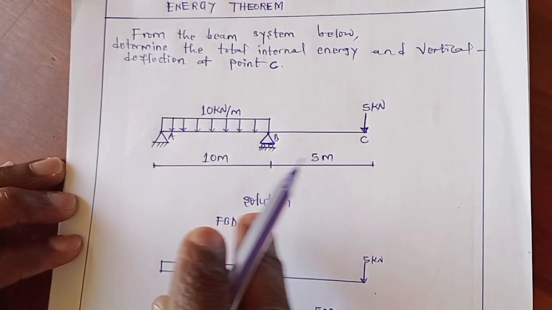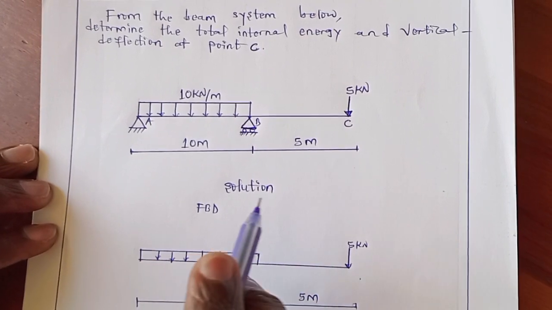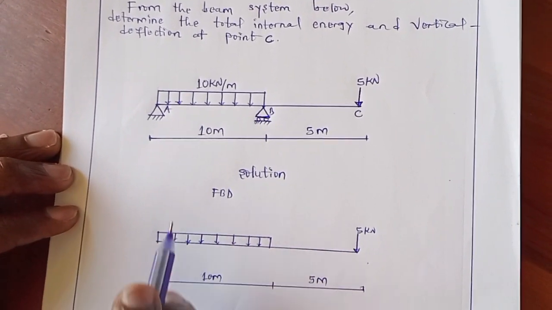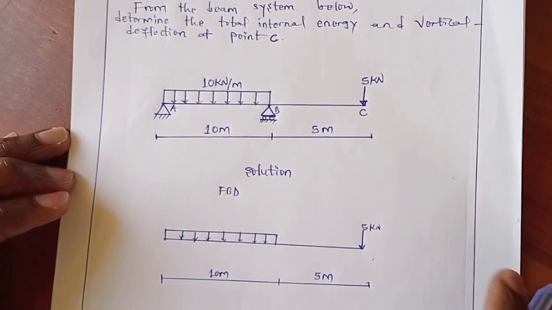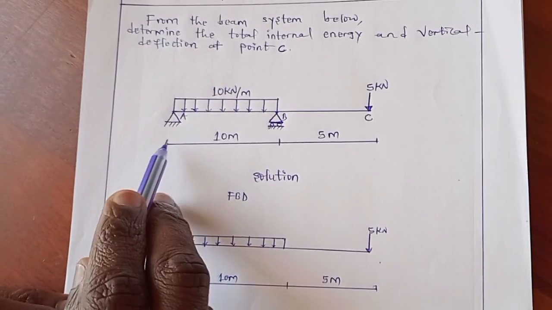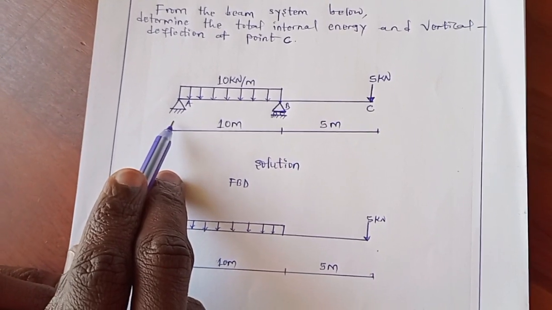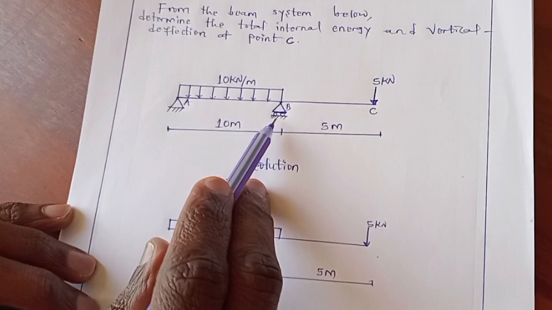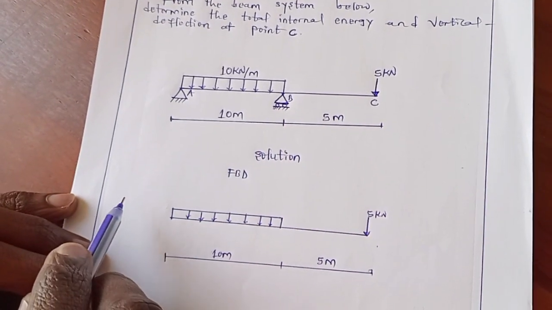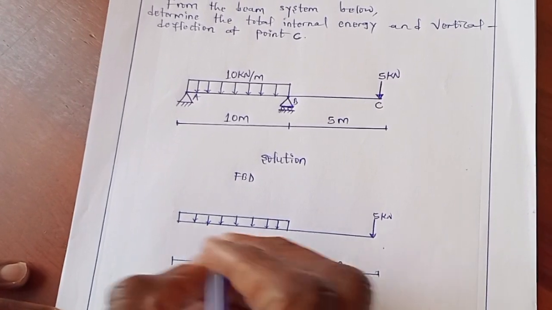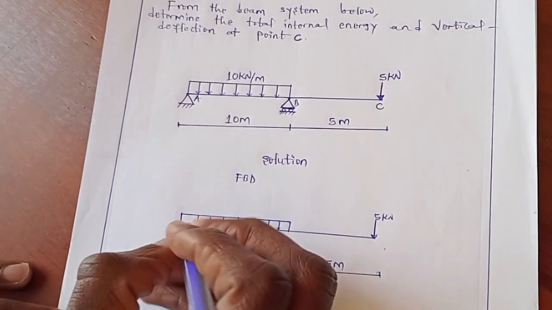In order to calculate the internal energy and the deflection at point C, the first step is to draw the free body diagram so as to obtain the support reactions at supports A and B. So let's draw the free body diagram of this beam system.